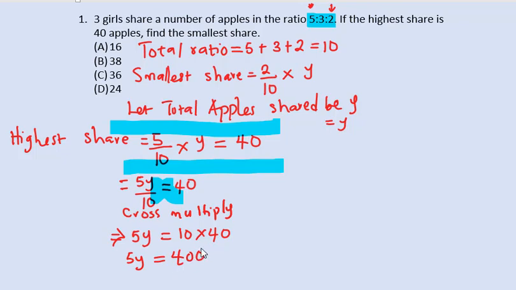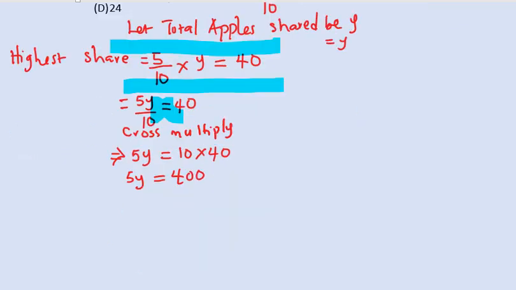That's 400. Okay, the next thing you want to do here is to divide both sides by 5, which happens to be the coefficient of y in this question. So 5y divided by 5 is equal to 400 divided by 5, and then you can cancel the 5s, then y is equal to 400 divided by 5.